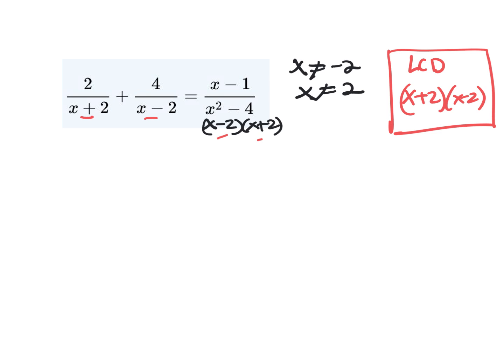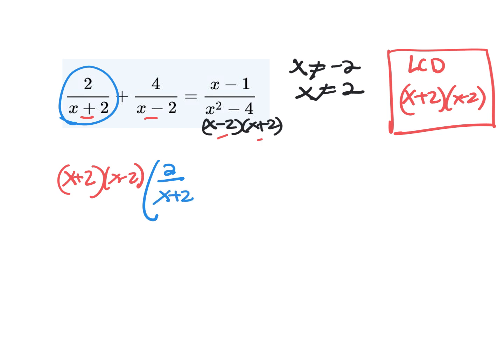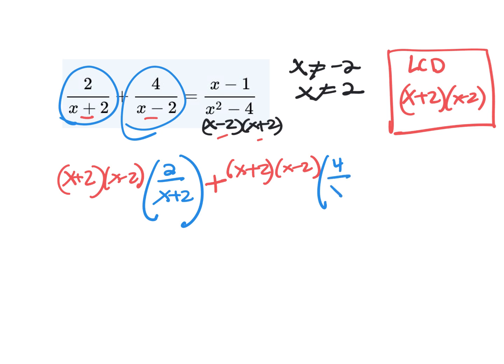And now we're going to take our lowest common denominator and multiply it by each part of the equation. So I'm going to have x plus 2 times x minus 2, and that is going to be multiplied by this first part here, 2 over x plus 2. And then I'm going to multiply my lowest common denominator times this second term here, which is 4 over x minus 2.